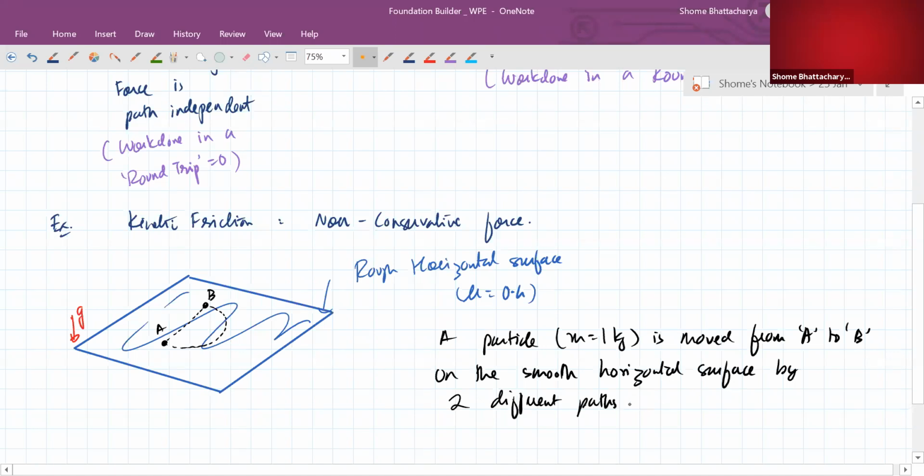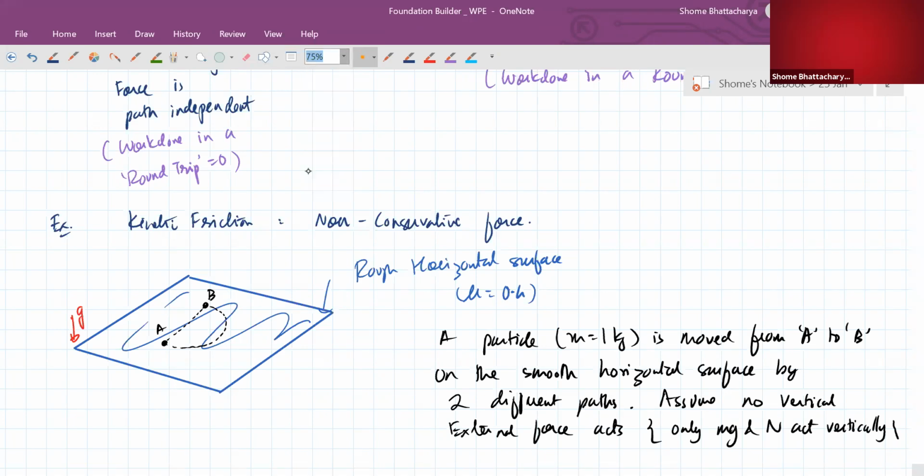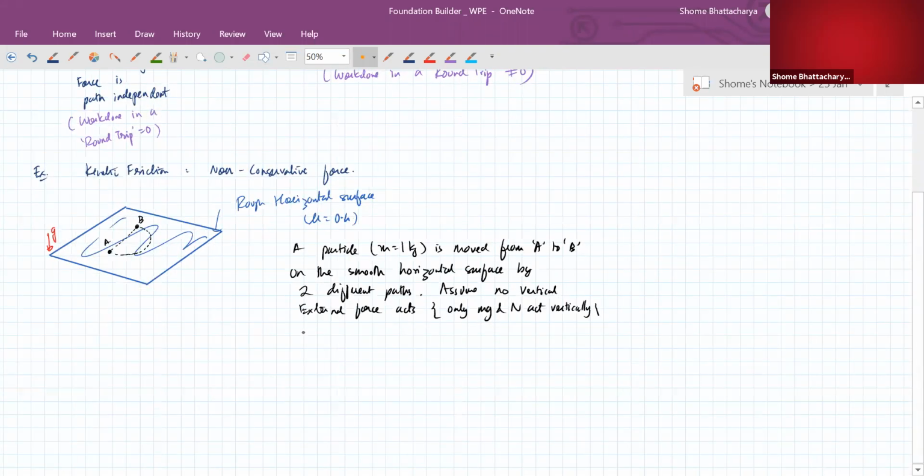Assume no vertical external force is applied on it. So only mg and the normal reaction act vertically. There's no external agent applying any vertical external force. There might be horizontal external forces, but no vertical ones. In that case, we want to calculate the work done by friction in each path.